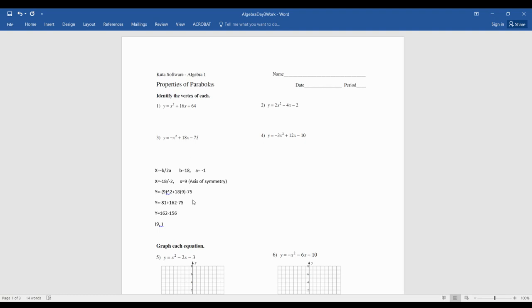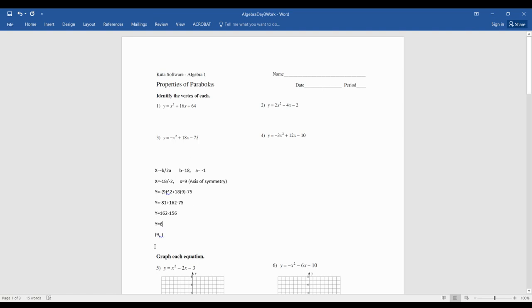And it looks like that's going to give me y equals 6 if I did not make any mistakes here. So that tells me then that is my y coordinate, y equals 6. So therefore, I have both coordinates of my vertex, and my vertex's coordinates should be at 9, comma 6.